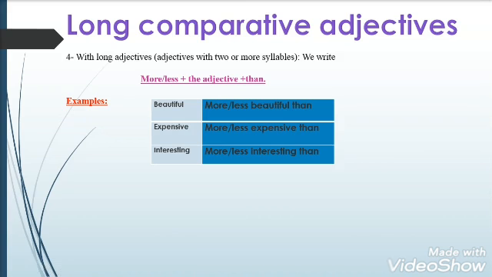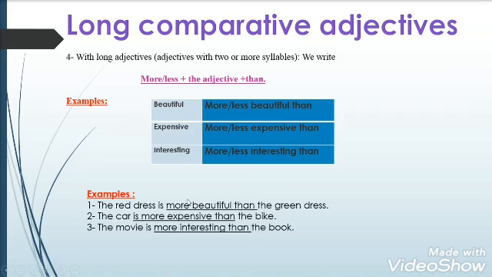Interesting: more or less interesting than. As you notice, in all cases I don't change the adjective, and than stays after it. Okay, fine, some more examples: the red dress is more beautiful than the green dress. The car is more expensive than the bike.